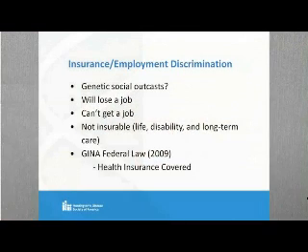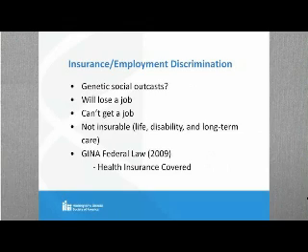What about social discrimination when someone has a positive genetic test? Are we creating a group of genetic social outcasts with this genetic testing? Could a person lose their job because they have a positive genetic test? Could they have difficulty finding a job? Will they have trouble getting insurance?